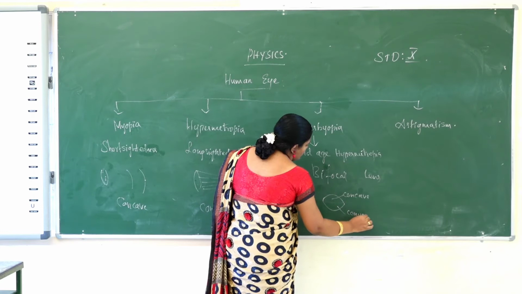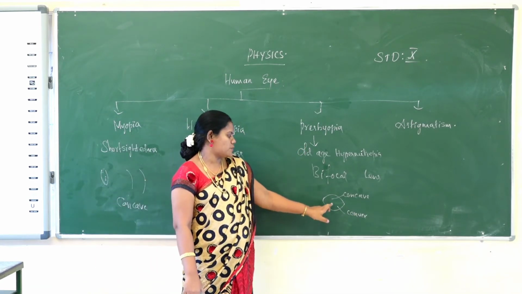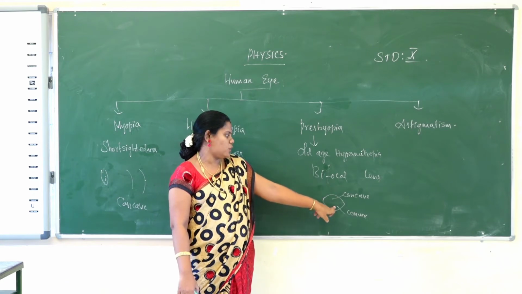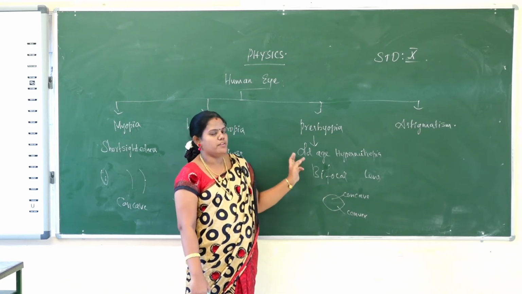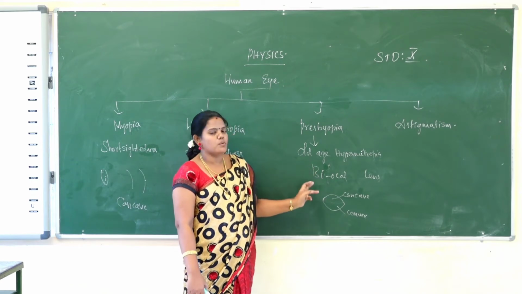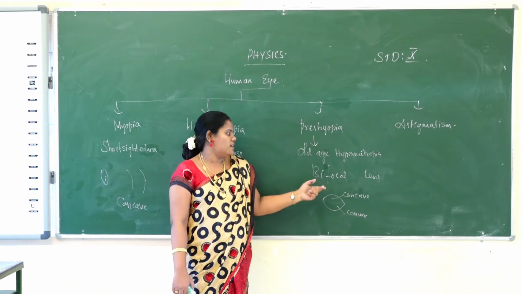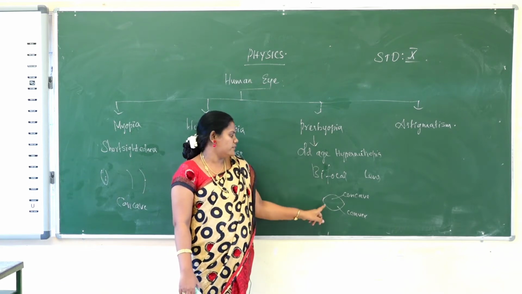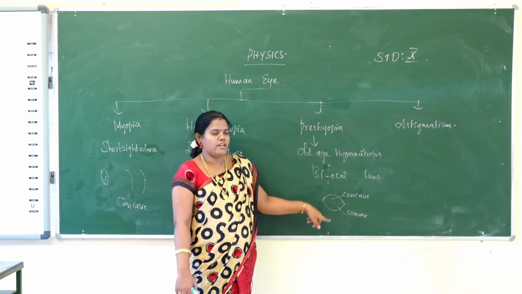If a person has both defects, they wear specs with concave on top and convex below. So for old age hypermetropia they wear the convex lens, and for a person with both defects, hypermetropia and myopia, they wear the bifocal lens, which has two lenses, concave and convex.